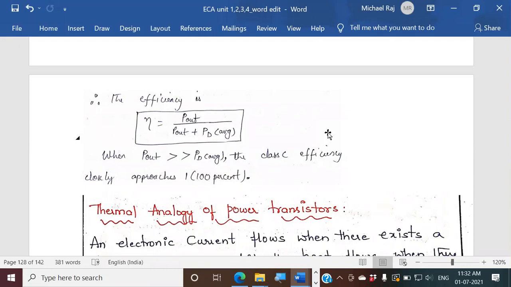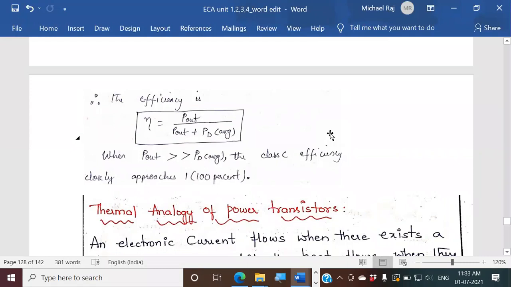At the collector base junction, we are dealing with large voltage and large current when we consider large signal amplifiers. So we have to consider the power dissipation, and for that we need to consider the junction temperature.